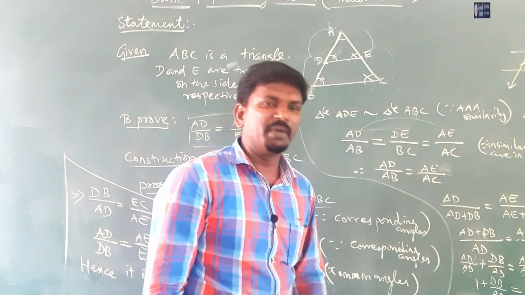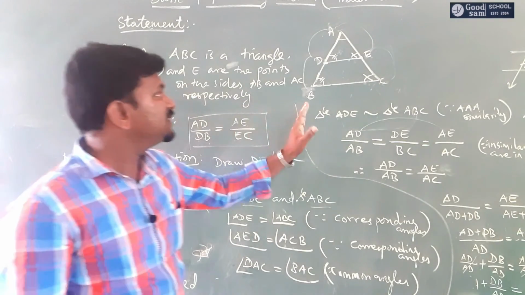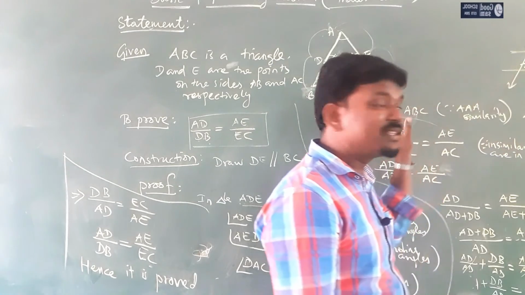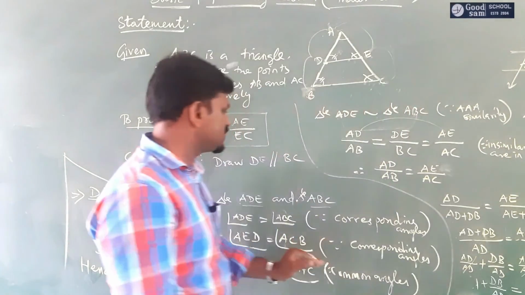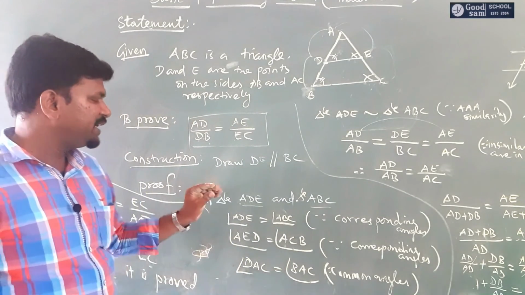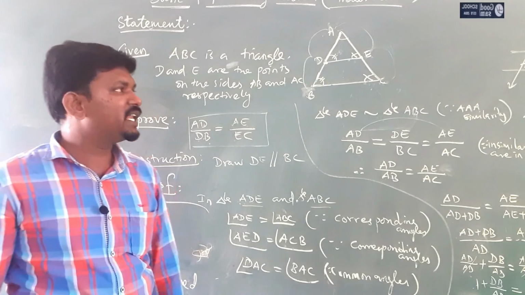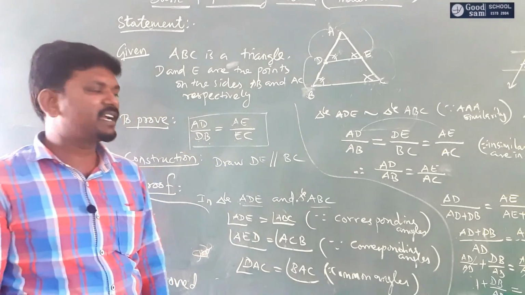Clear? So the main concept is that we have to understand the theorem, and we should be able to apply the concepts in the theorem to prove it. Here the key concepts we applied are, one, similarity of triangles, and another, the transversal, where corresponding angles are equal.